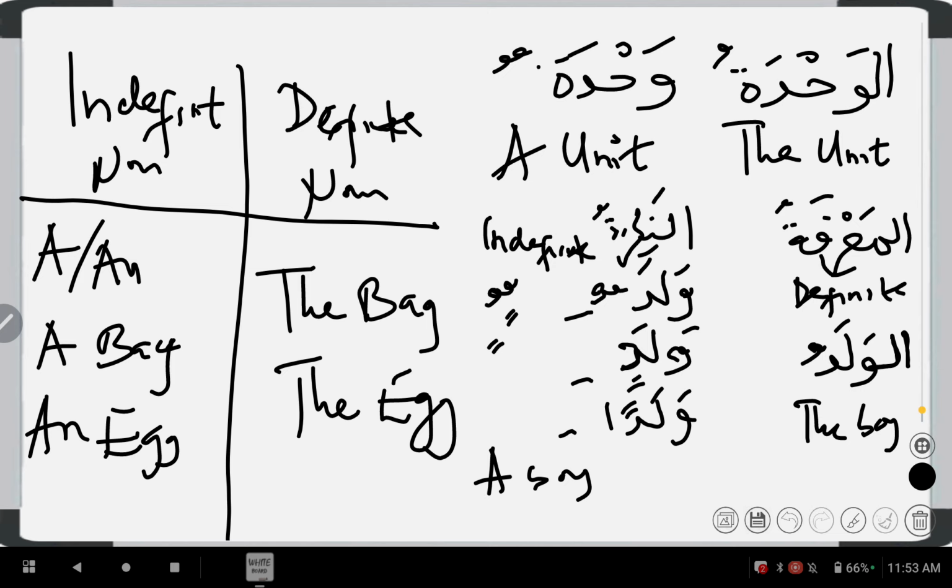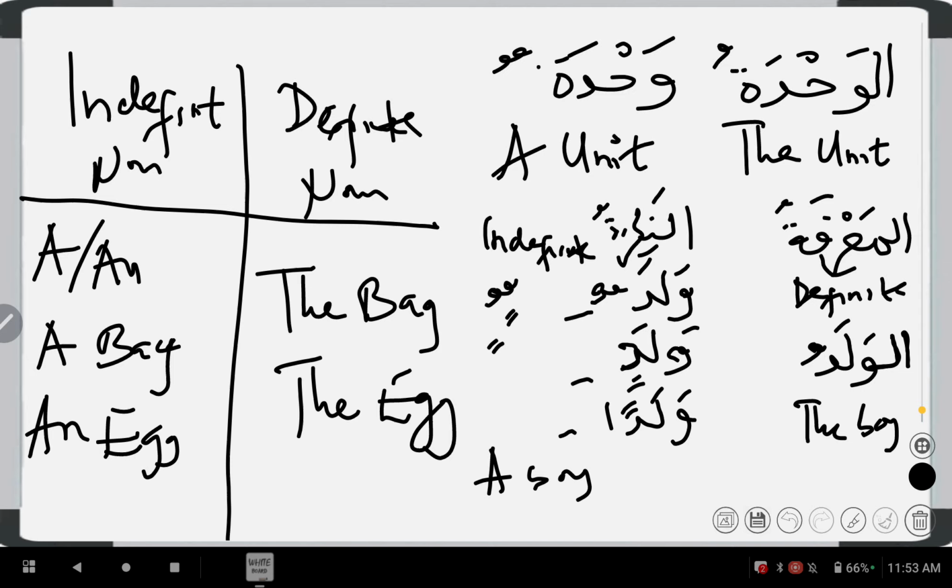So we can't say al-waladun, al-waladin, al-waladan. That is so wrong. Al-waladu, al-waladi, al-walada, the boy. The ending depends on the context of the word, but the meaning remains the boy.